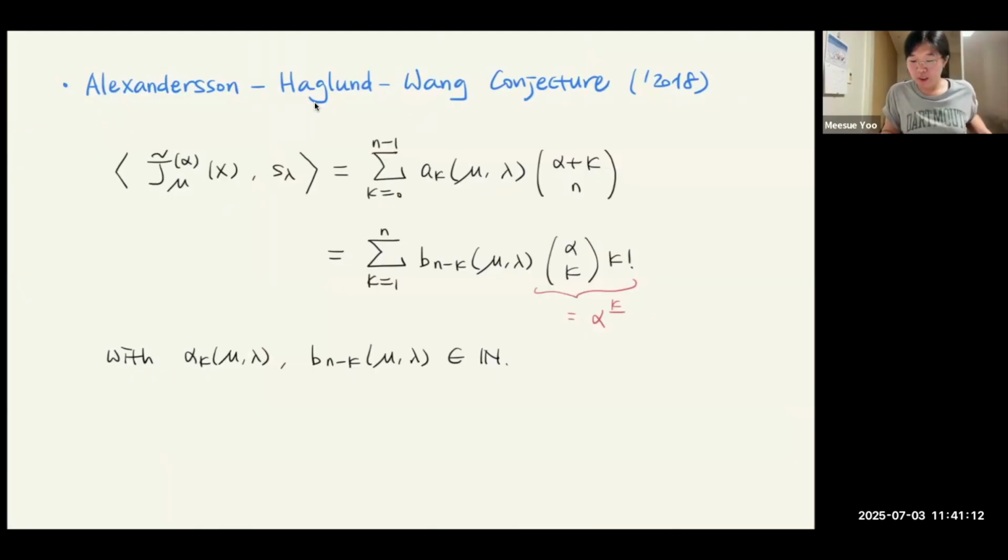It is a conjecture, so it's not proved yet, but they observed this positivity in terms of these binomial coefficients. And I'm saying that this is the reason why we considered the alpha binomial expansions of our alpha chromatic symmetric functions.